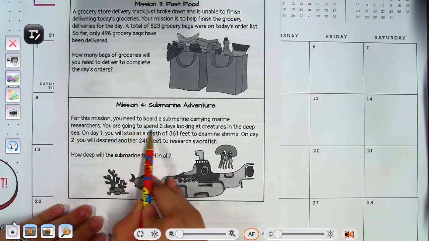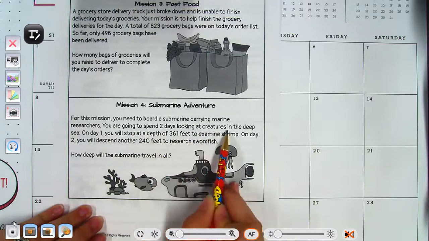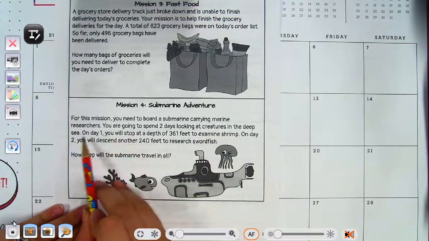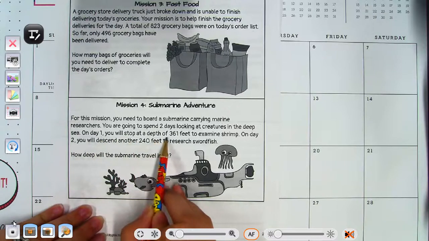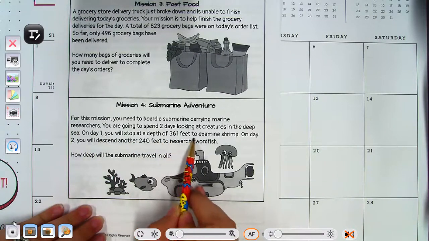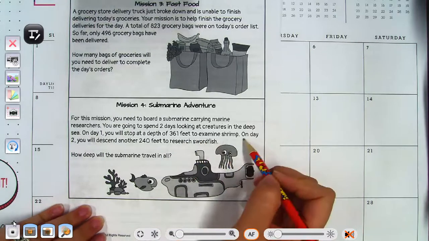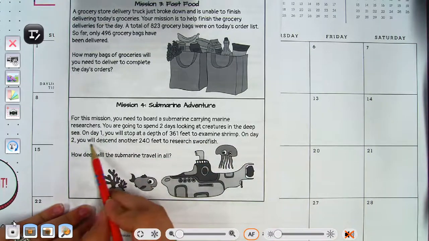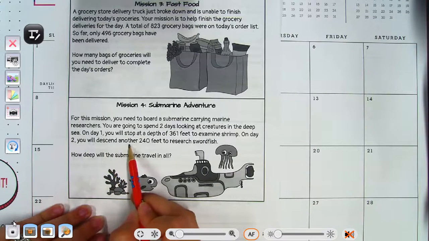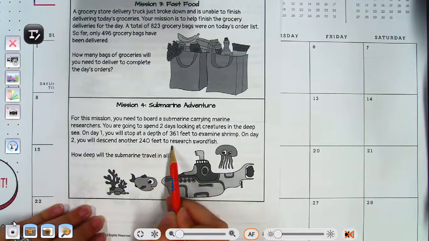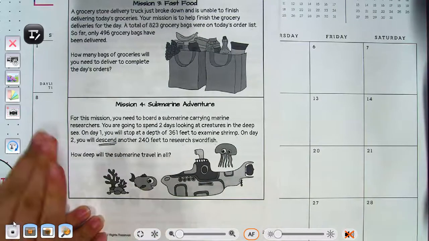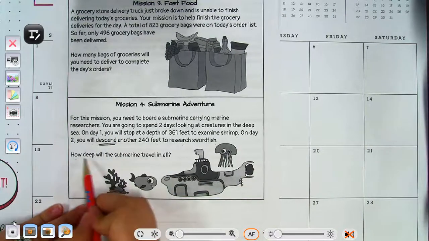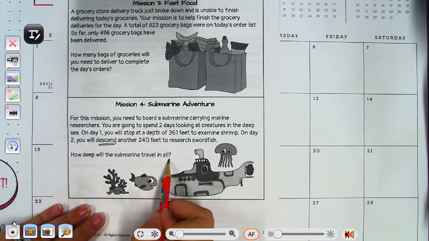You are going to spend 2 days looking at creatures in the deep sea. On day 1, you will stop at a depth of 361 feet to examine shrimp. On day 2, you will descend another 240 feet to research swordfish. So descend, guys, means you're going to keep going down.